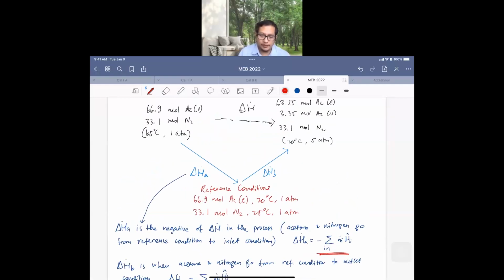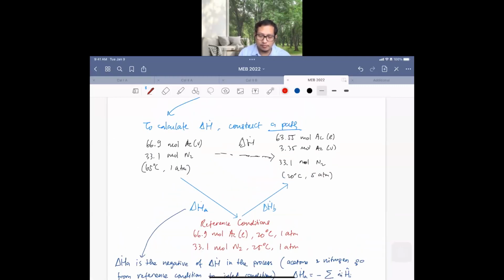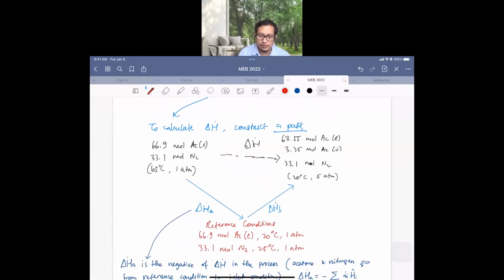So since we have different paths in between this delta H, let's say this delta H is our true path. The path that we may construct may have different ways, right? So in the next sections, we would have to elaborate those paths that we might need to calculate.